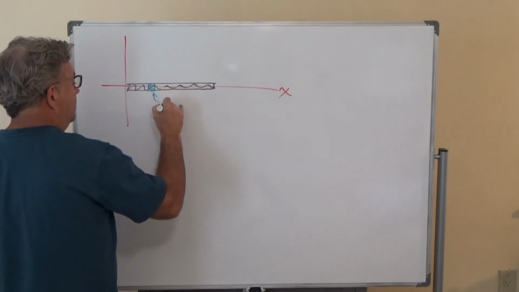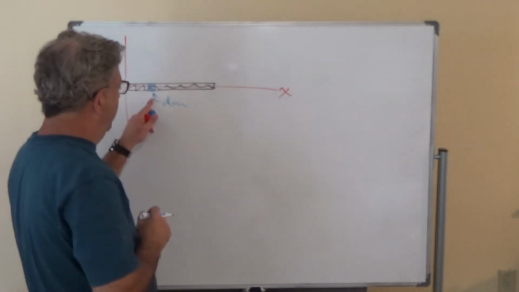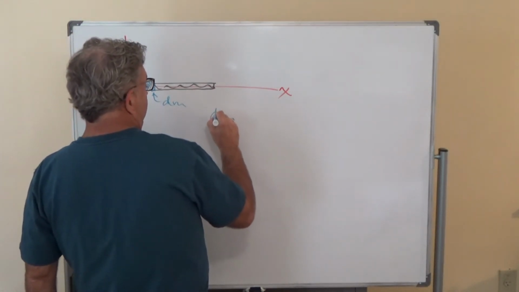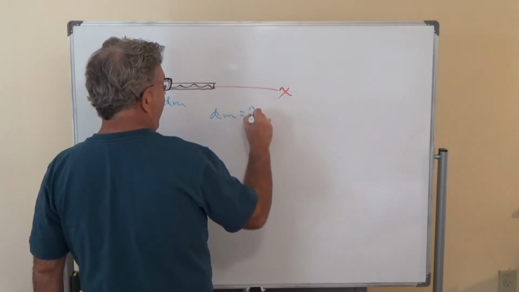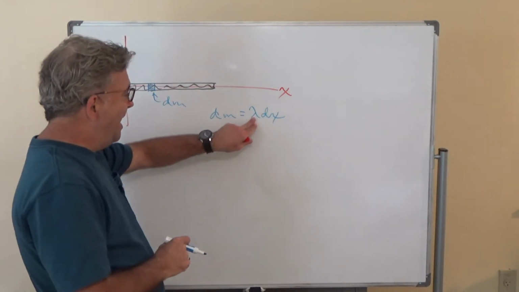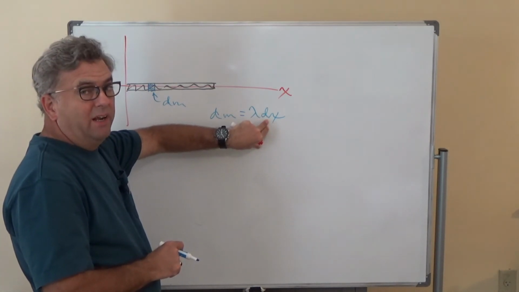So that is dm. So that's a little tiny bit of mass. And dm is equal to lambda dx. Because this is the mass per unit length, and that's a little bitty bit of length.